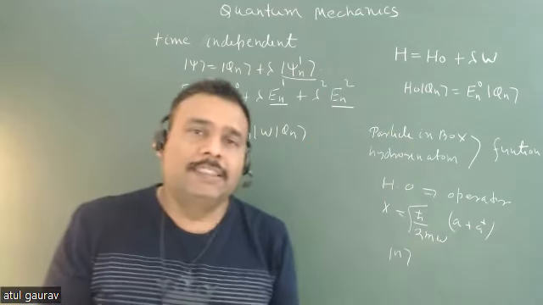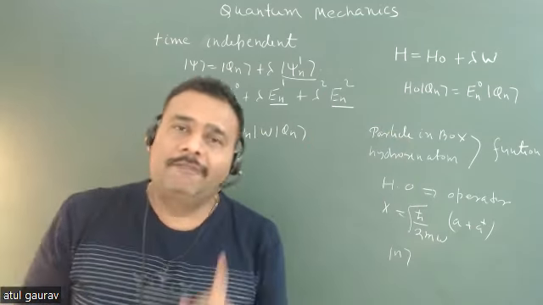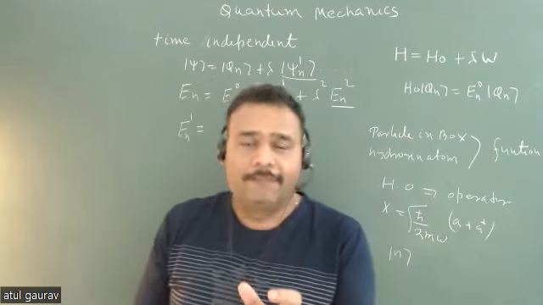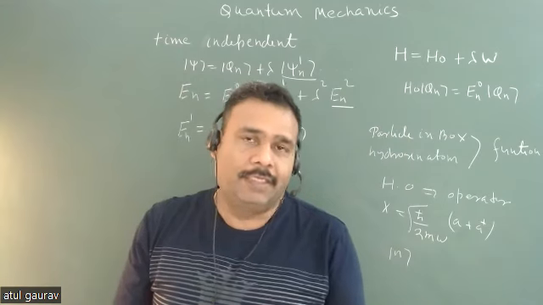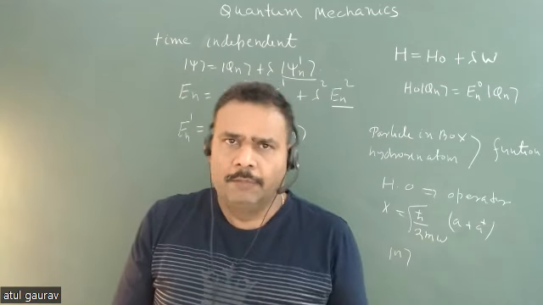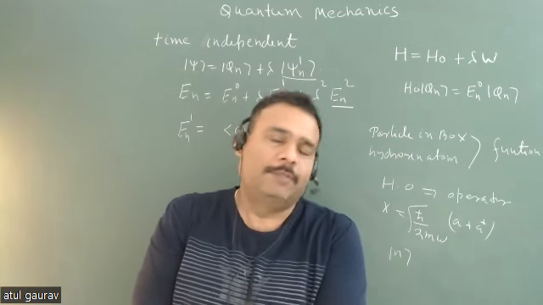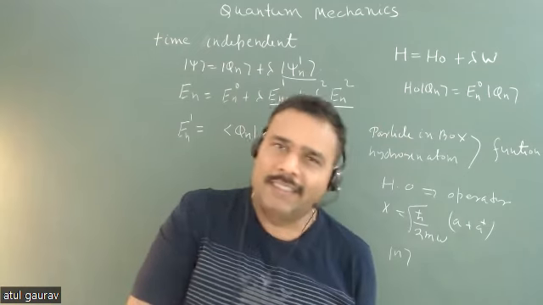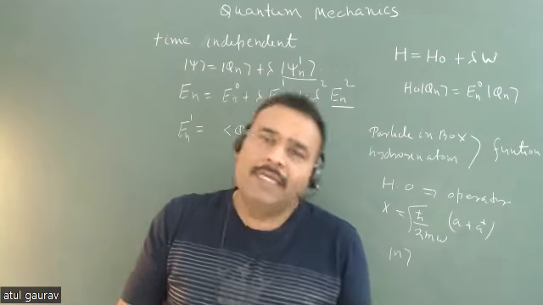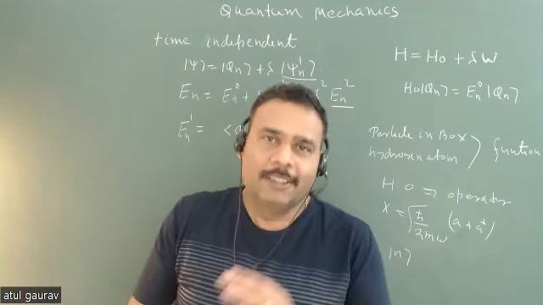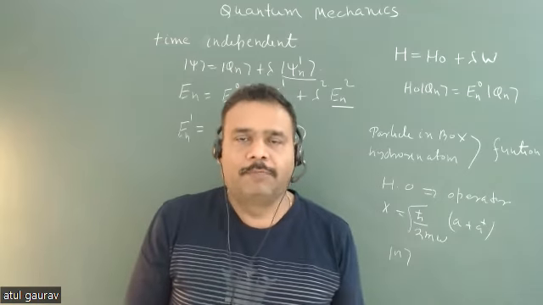But in general, when you are calculating phi n, read the potential part carefully. What is the actual parameter and how can you write it? Maybe in the class you have done the particle in a box from minus a by 2 to plus a by 2. But in the examination, they will give you that from minus a to plus a. So accordingly, you have to write this wave function.